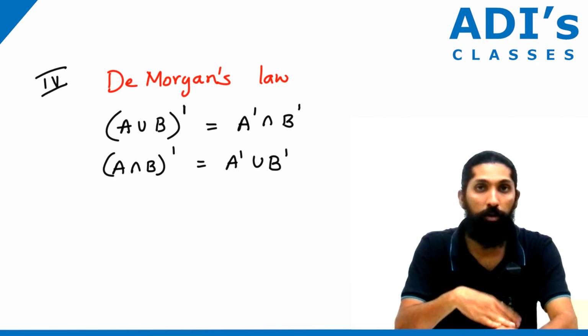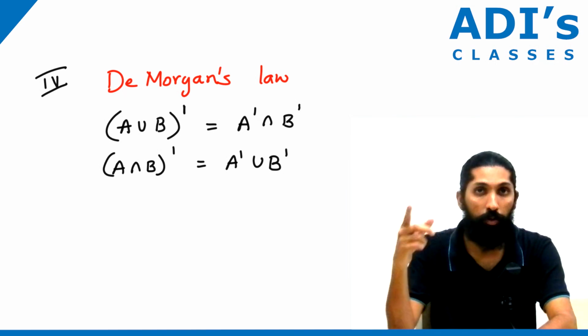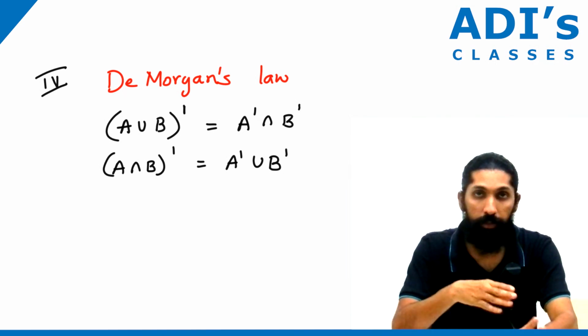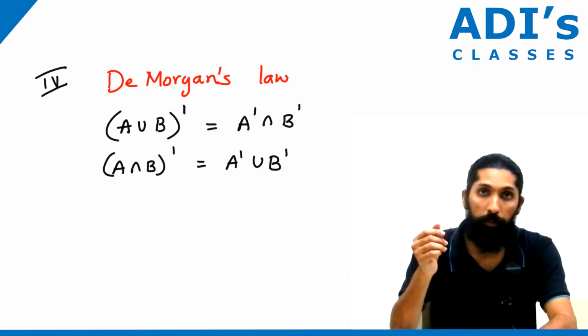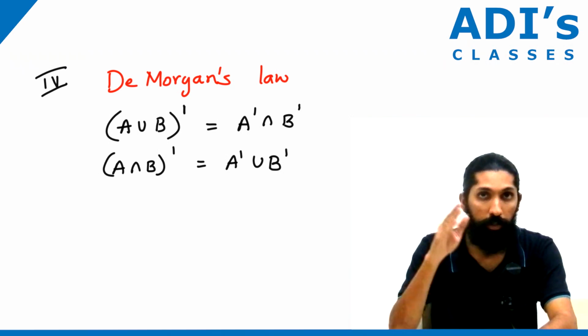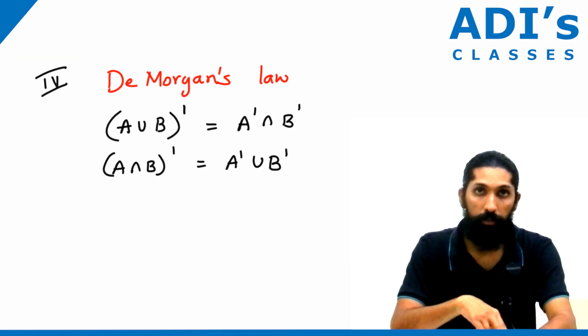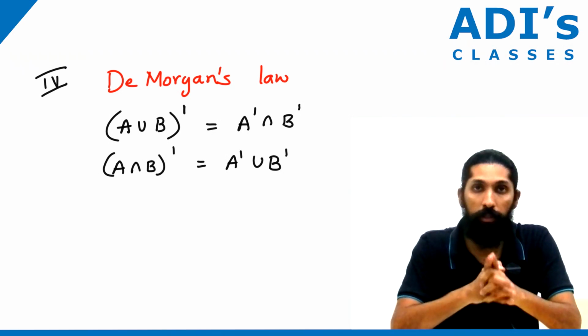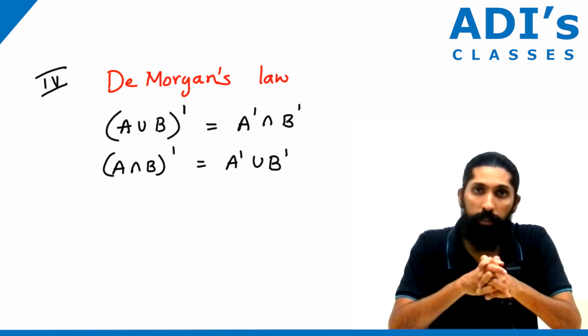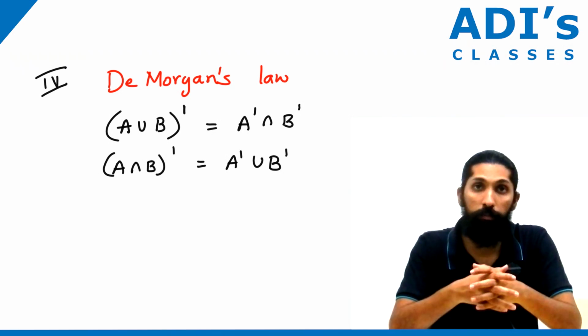Then finally De Morgan's law: A union B whole complement is A complement intersection B complement, and A intersection B whole complement is A complement union B complement. Correct? So these are the four properties, and one of them, De Morgan's law, is very important. In the next video onwards, we'll see certain problems based on this.